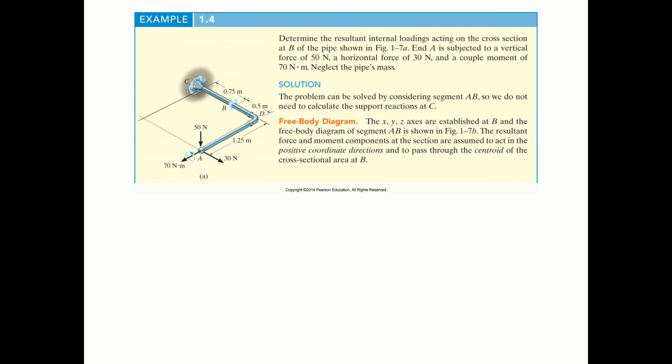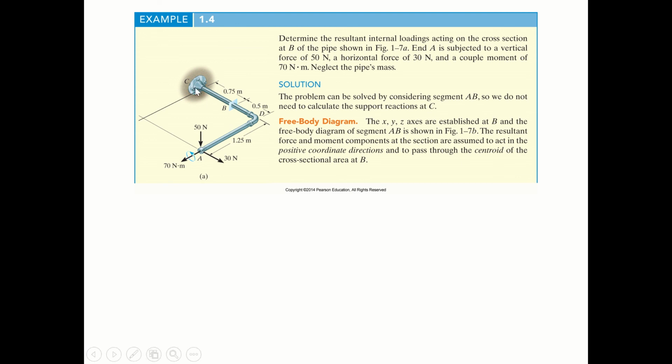Some of you will say, oh, that's very easy. We could calculate the force at C using force balance and moment balance at C, and use the free body BC, so we could calculate the internal force at B. But if we consider further, we will notice something is wrong.